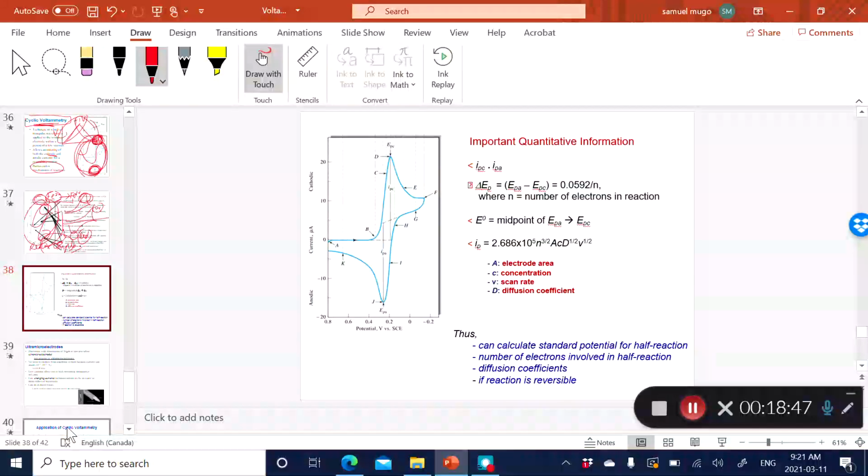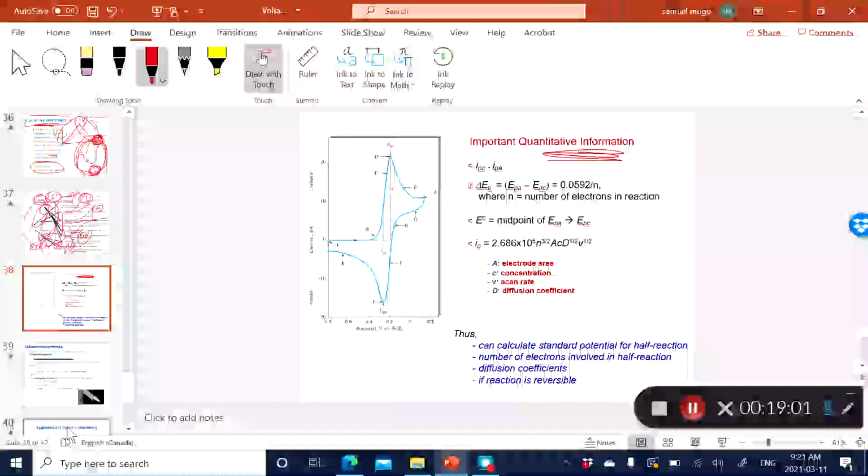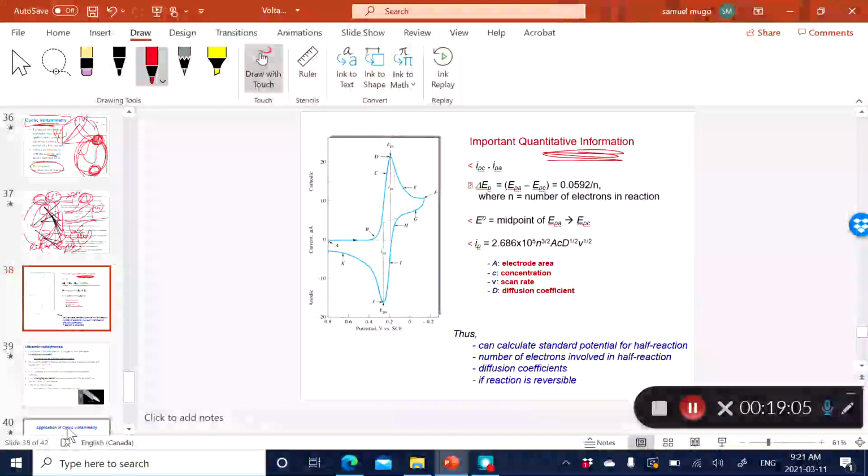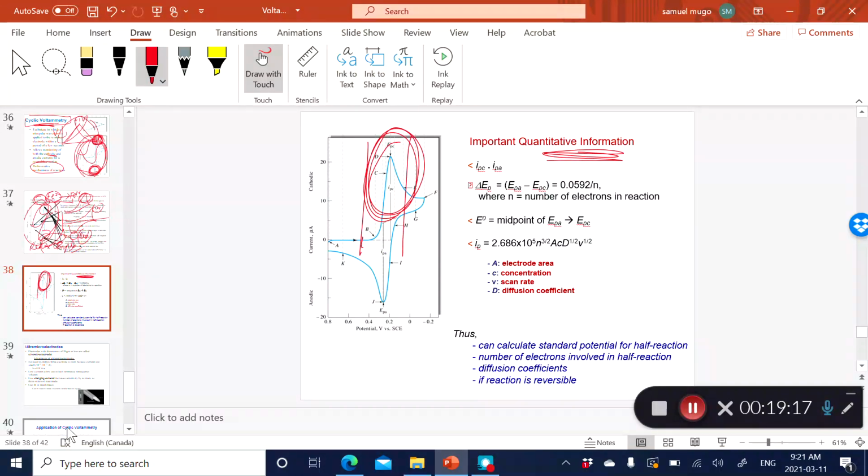Now, other than just characterization, remember, you can also use it really as a sensor, so you can use it as a way of quantitative analysis as well. And that's what most of you are doing in the lab, where you're using it as a quantitative tool. And as a quantitative tool, you can monitor either the cathodic peak. Remember this? Typically you would average a range of your voltages here.